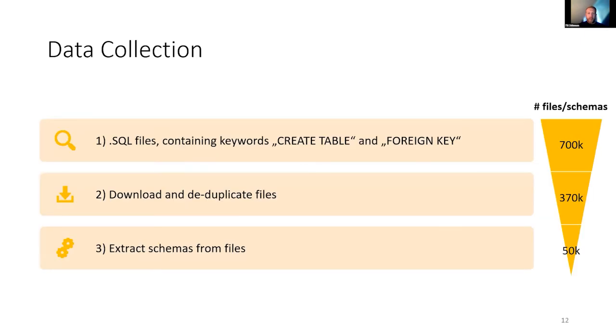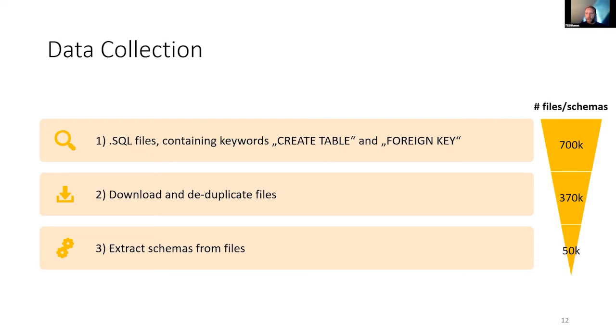Yeah, so let's turn to the collection process, which is quite straightforward. We use the GitHub API to crawl SQL files, particularly those containing CREATE TABLE and FOREIGN KEY statements, to filter for SQL files which are schema defining.